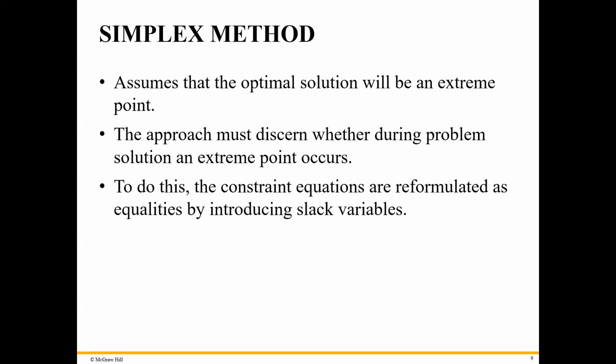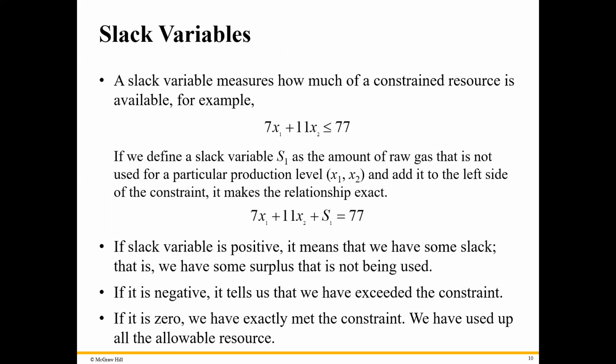But in the linear programming solution, instead of equations, we have inequalities. So to convert an inequality into an equation, we need to introduce some extra variables. We call them slack variables. And then that inequality becomes an equation.